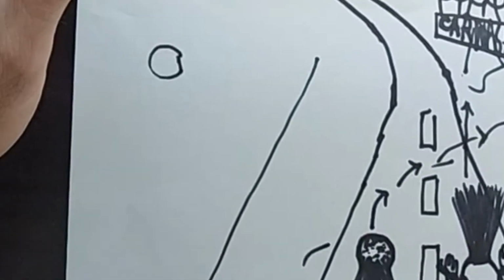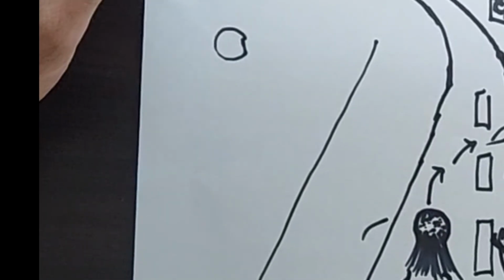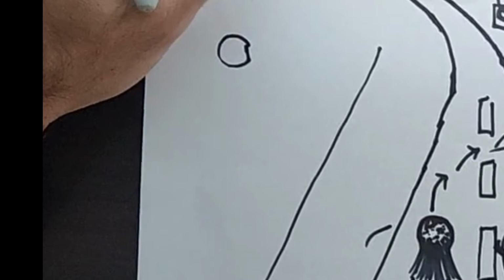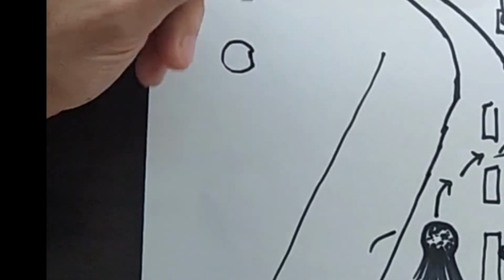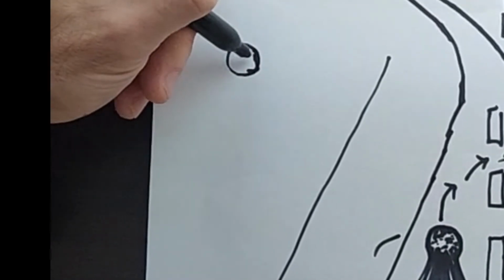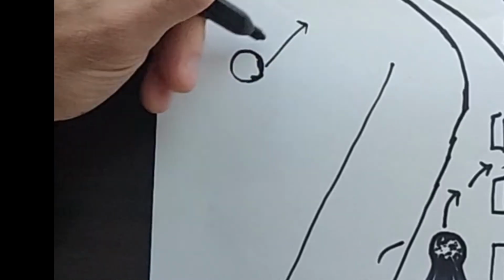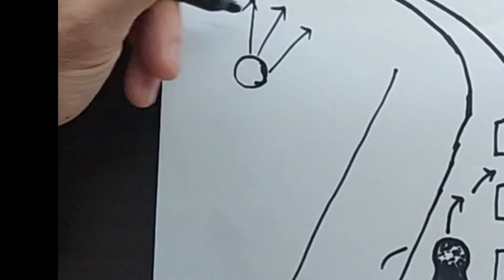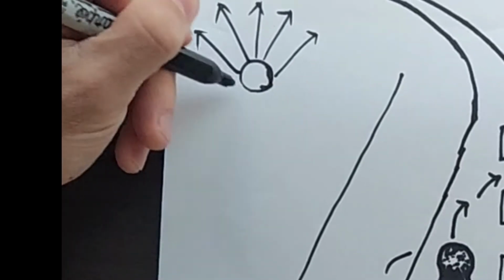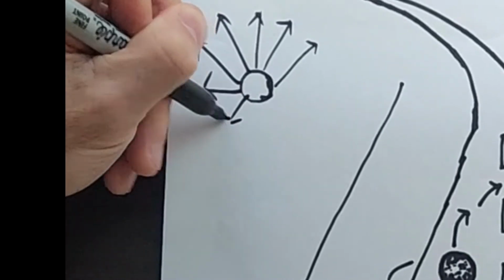Eventually, the ambulance, A-M-B-U-L-A-N-C-E. Ambulances have these big lights. Now, we can't draw movement or photon movement, but we can draw light traverse lines.